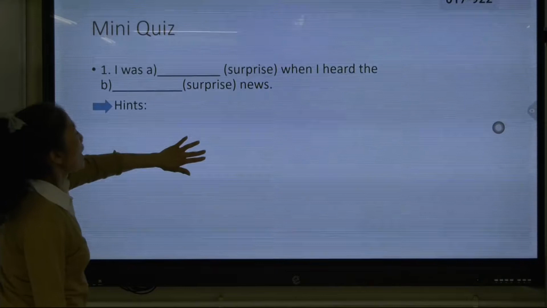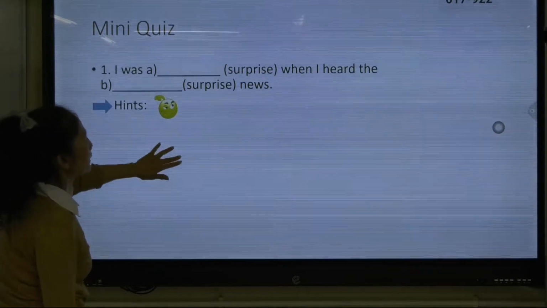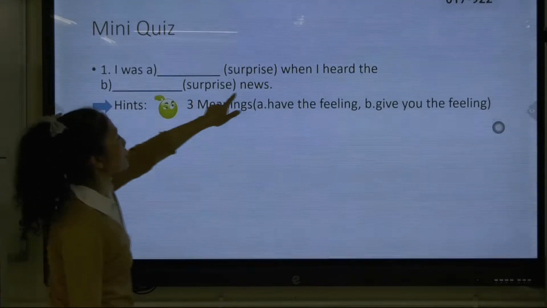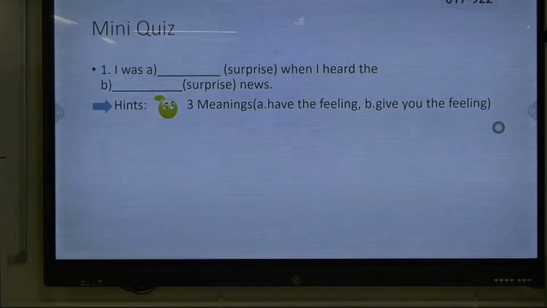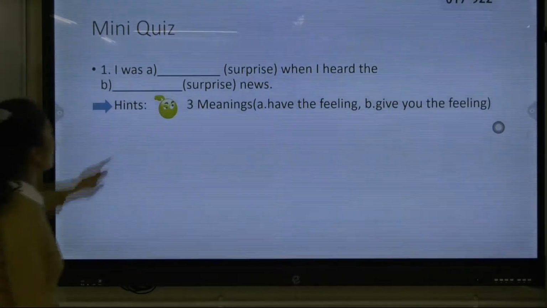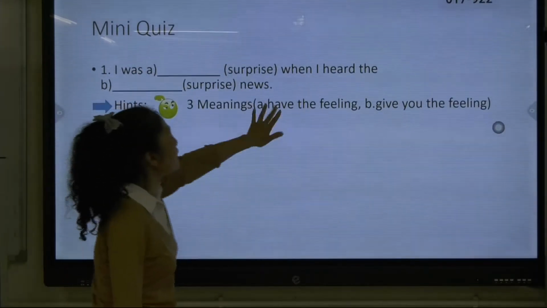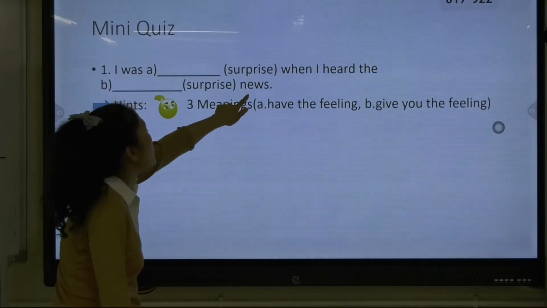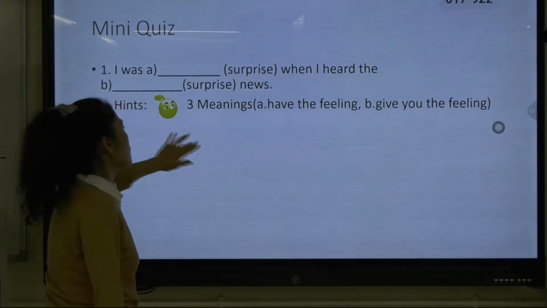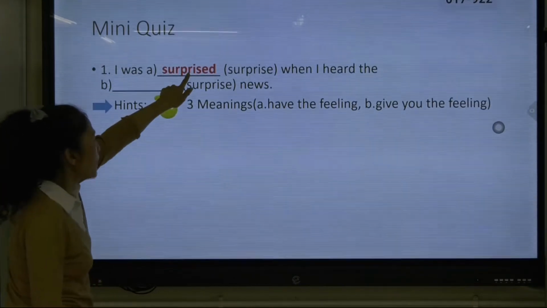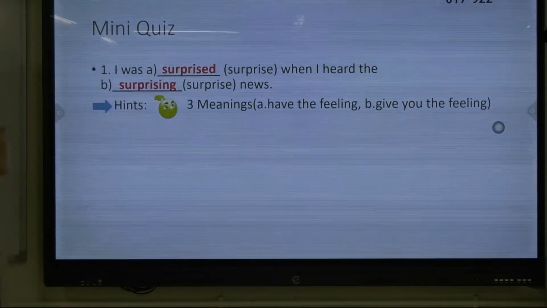This one have the feeling or give you the feeling. The news give you the feeling or have feeling. So the first one, yes, you have the feeling surprise, and the news give you the feeling. So that's why the answer is past participle, present participle.